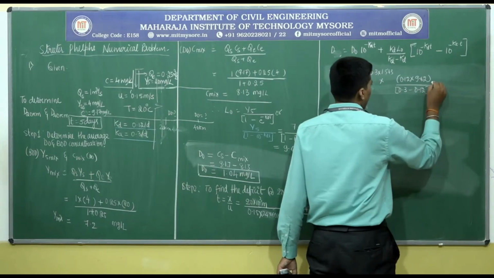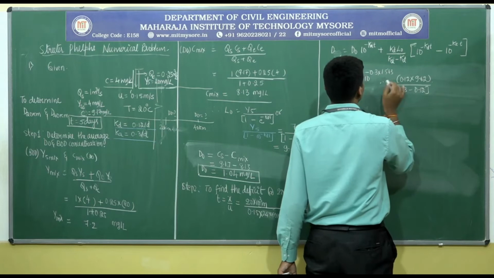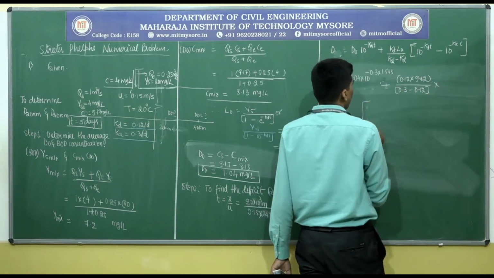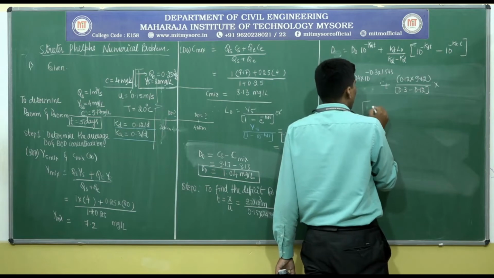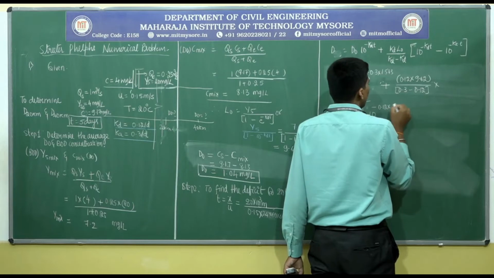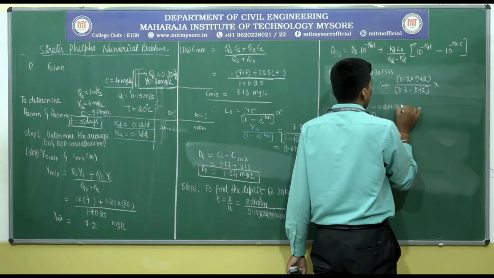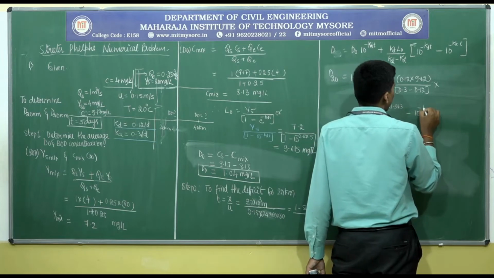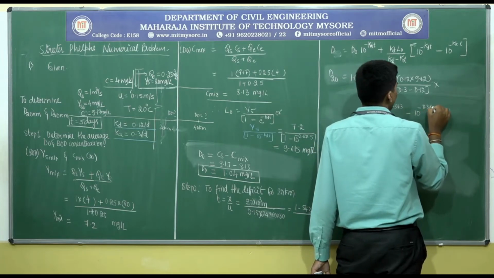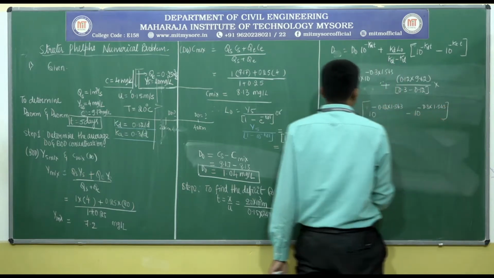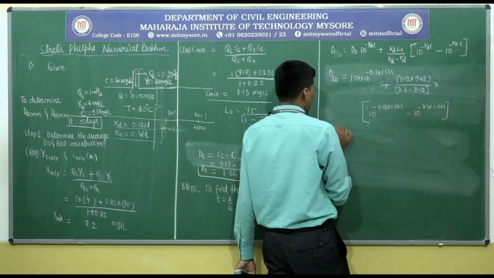Next, multiply this by the factor 10 raised to minus Kd, 0.12 into the T value 1.543, minus 10 raised to minus Ka, 0.3 into 1.543.